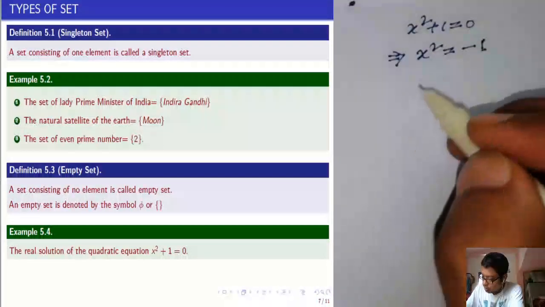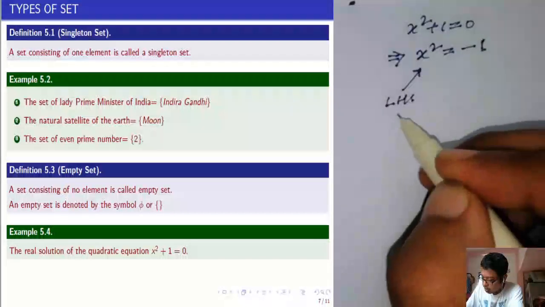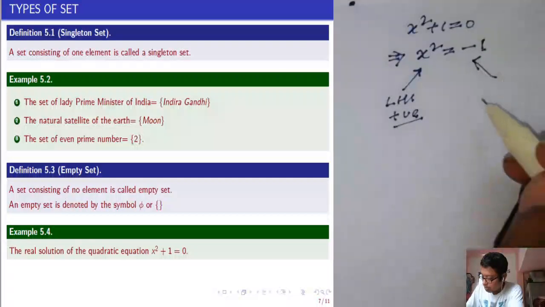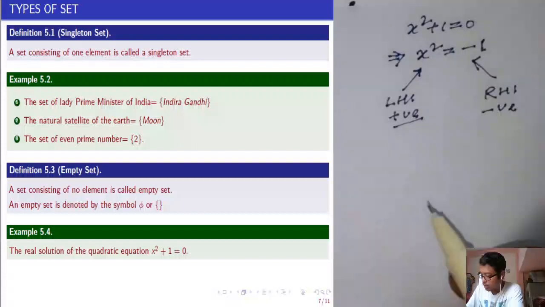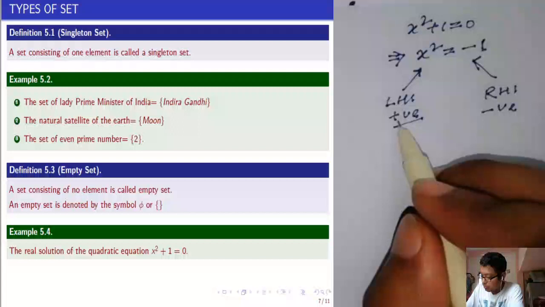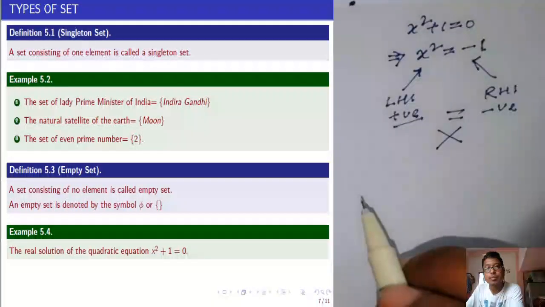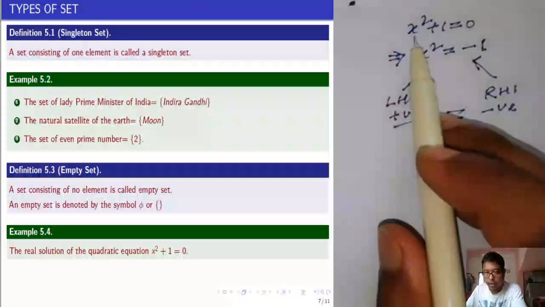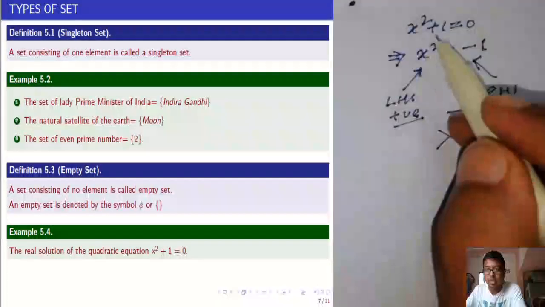If you observe, the left hand side is a positive quantity, and the right hand side is a negative quantity. Now you tell me whether it is possible to say positive is equal to negative. I think it is not. That means we don't have any value of x for which this quadratic equation is satisfied.